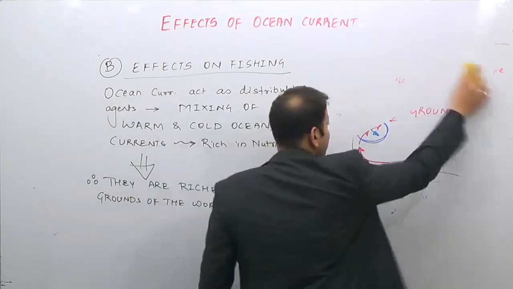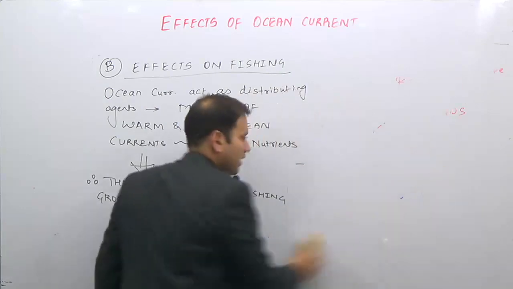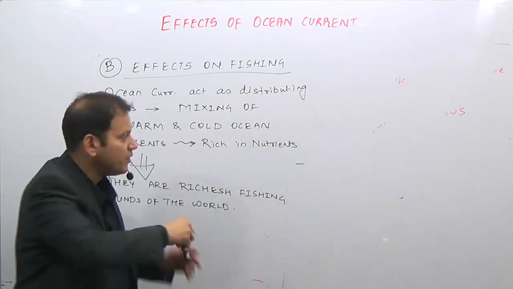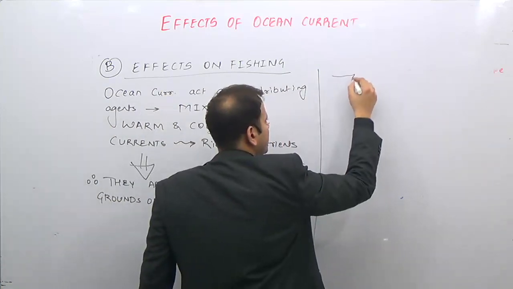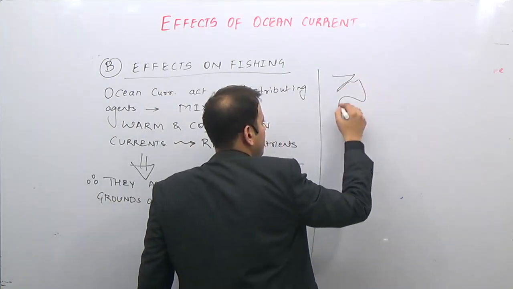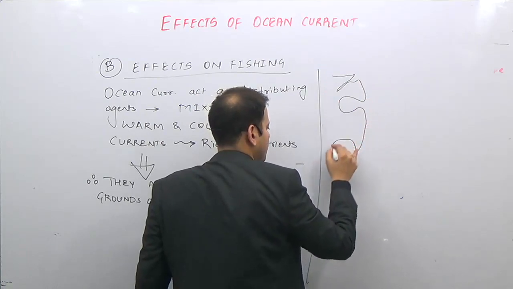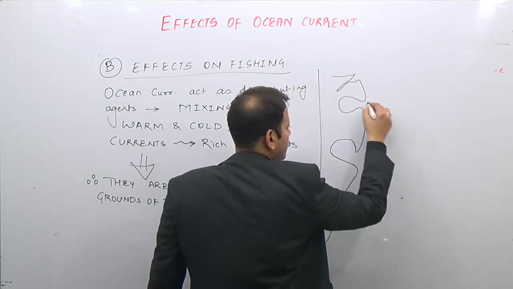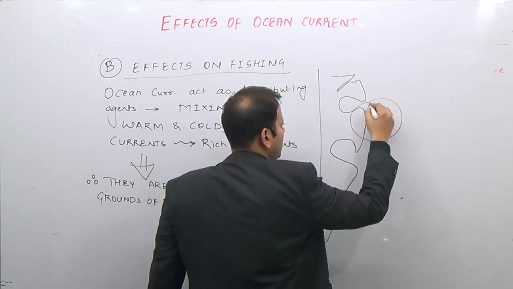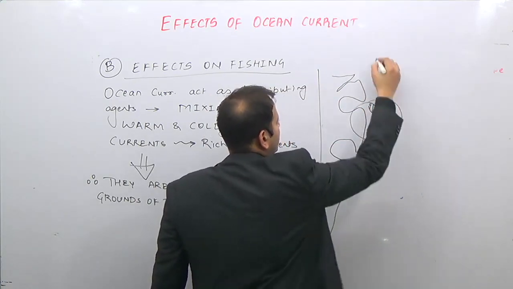So an example is the Grand Banks region near Newfoundland in North America. This is the first example, near the Newfoundland region, the Grand Banks region of North America.